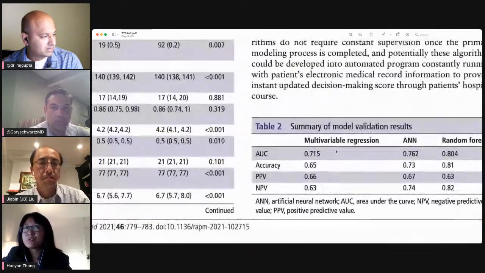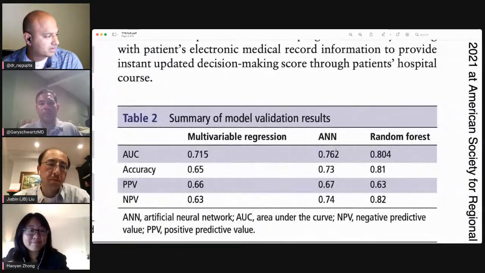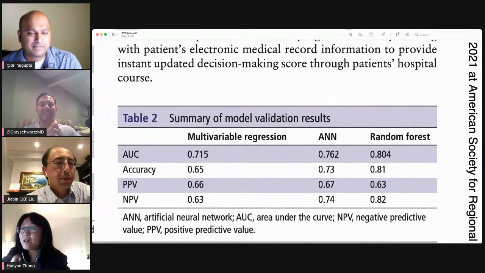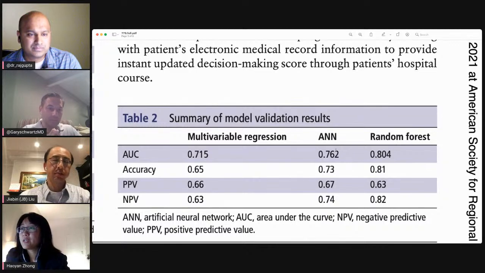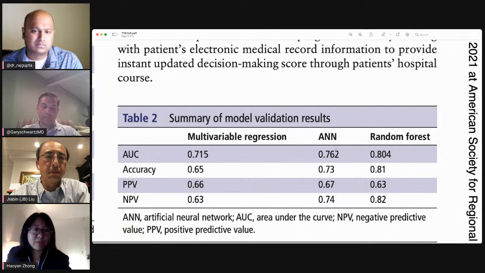Okay. And now, talk to me about Table 2. What does Table 2 tell us? You want to go ahead, Haoyan? So Table 2 is how the models perform. We compare the accuracy, the AUC, and also the positive predictive value and the negative predictive value.